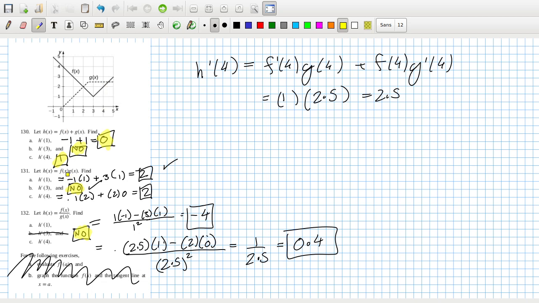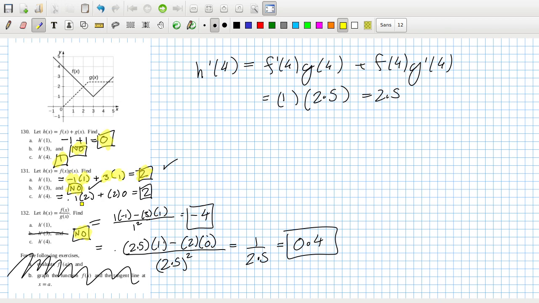And then f dash 4, which is 1. No, sorry, this is at 1. F dash 1, so it's minus 1, yeah, plus g of 1, which is 1, plus f of 1, which is 3, and then g dash at 1, which is 1. Yeah, that looks right.